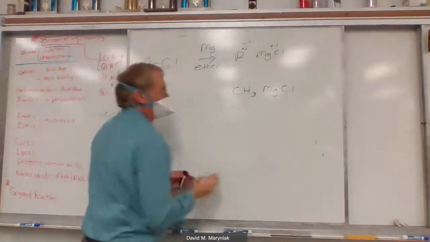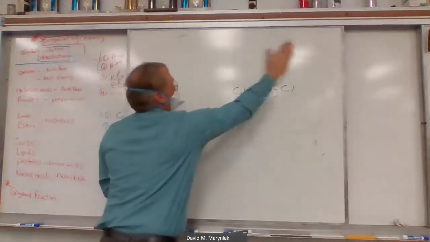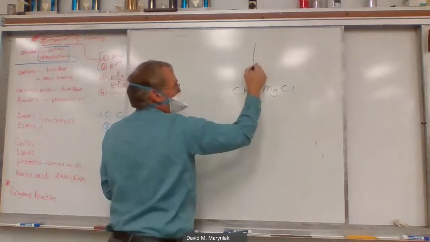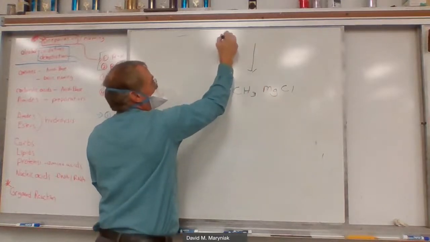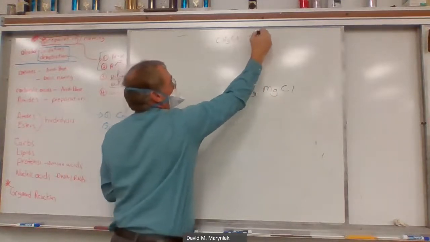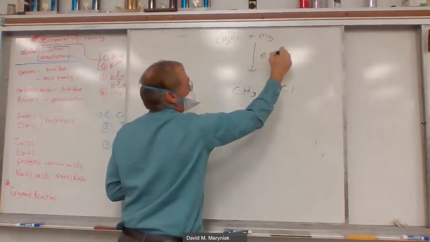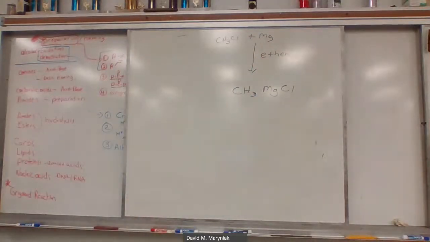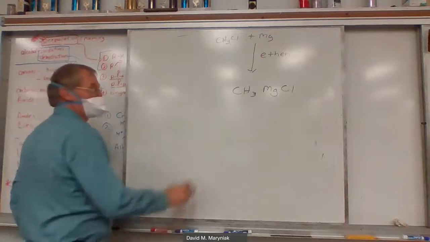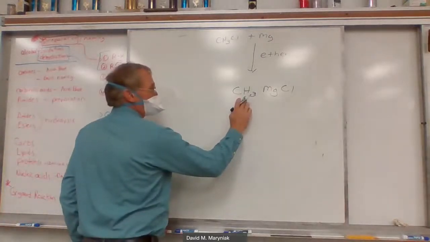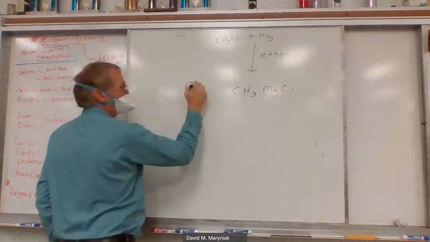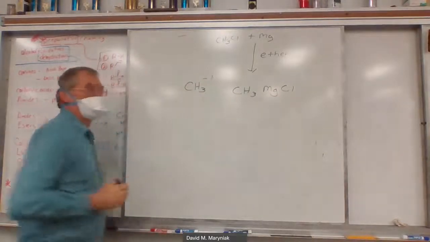So let us say we've now made methyl magnesium chloride, and we would make it from methyl chloride plus magnesium with what solvent? Ether. And for purposes of synthesis, could you just say this Grignard reagent is methyl with a negative?